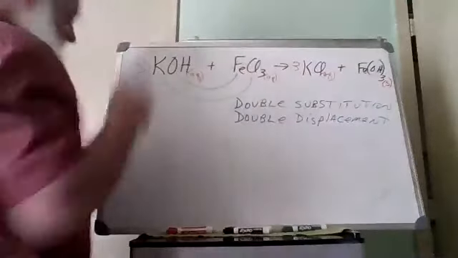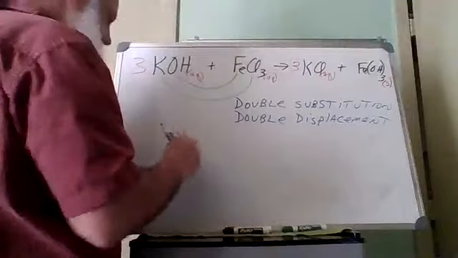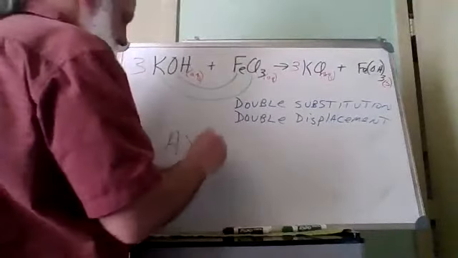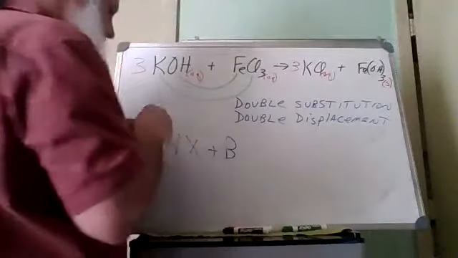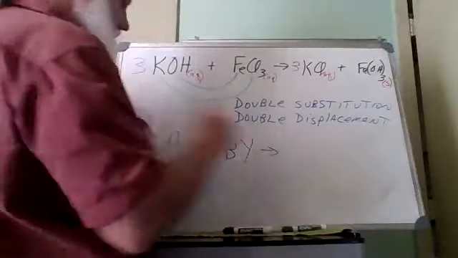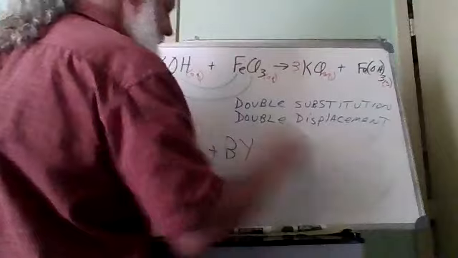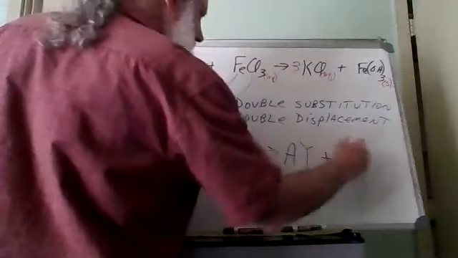Okay, and the general form is AX plus BY gives us AY plus BX.